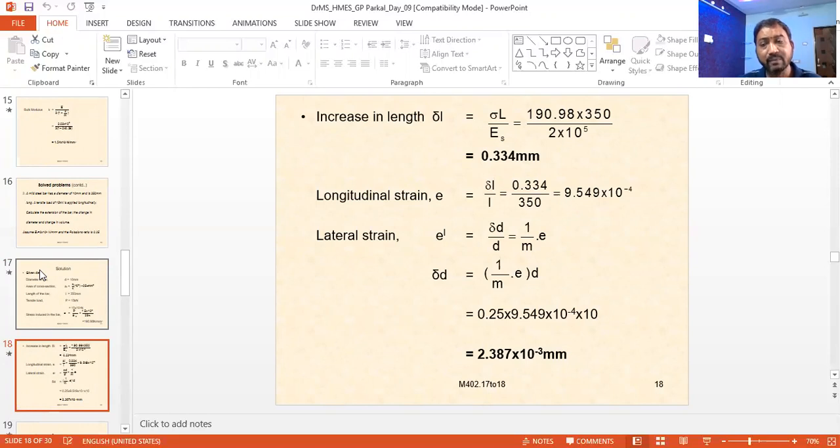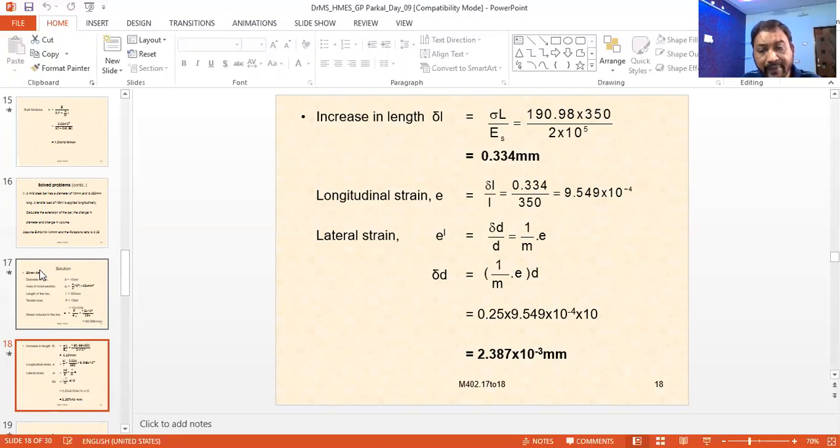So that is equal to 190.98 into 350 by 2 into 10 power 5. So it is coming to be 0.334 millimeters. So this is the elongation of the bar.